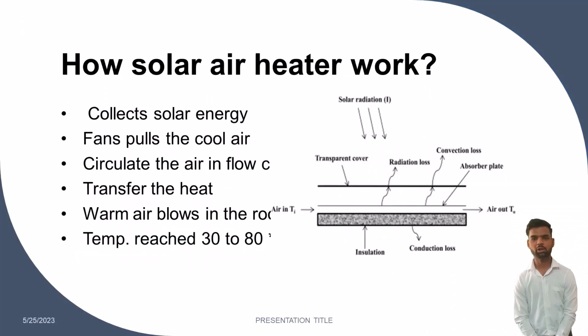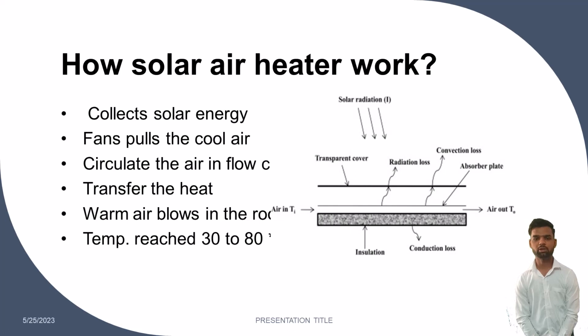Now we are talking about the working of solar air heater. In this order, firstly, solar radiation energy from sunlight comes onto the collector plate. Then the solar air heater works by drawing in fresh outside air and circulating it through a maze of black aluminum that has a special selective coating that absorbs much more heat than it emits.